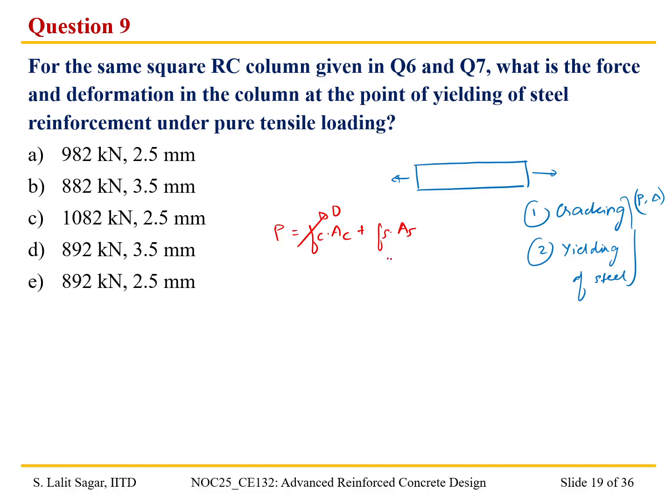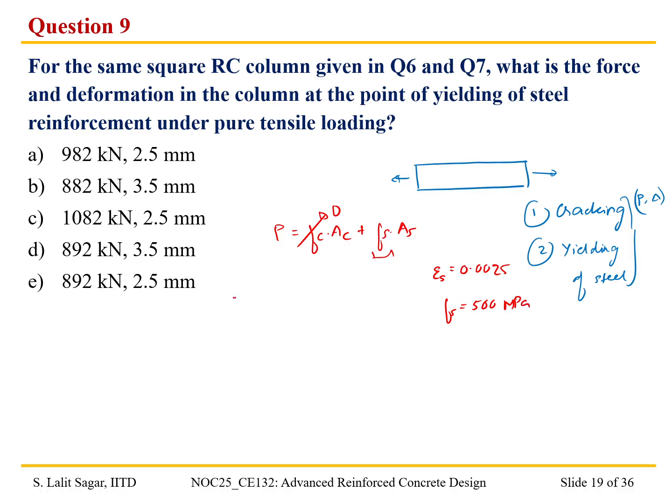Now we have assumed that we are calculating the force corresponding to the yield strain, that is epsilon s is equal to 0.0025, or Fs is equal to 500 MPa.